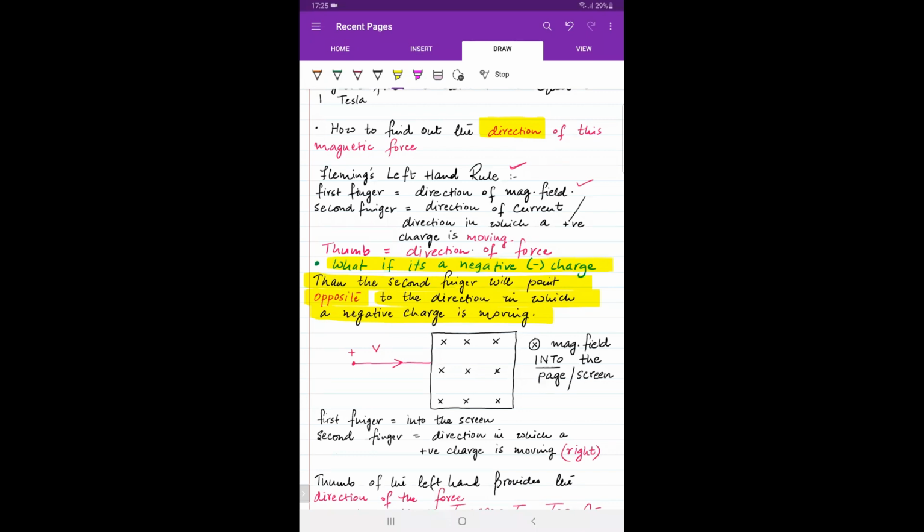And in case if it's a negative charge, since negative follows opposite behavior, so then the second finger will point opposite to the direction in which a negative charge is moving. So मैं आपको diagram के ऊपर आप भी जरा apply कर लीजिएगा और जरा left hand apply करके देखते हैं कि force का direction कैसे figure out करेंगे.